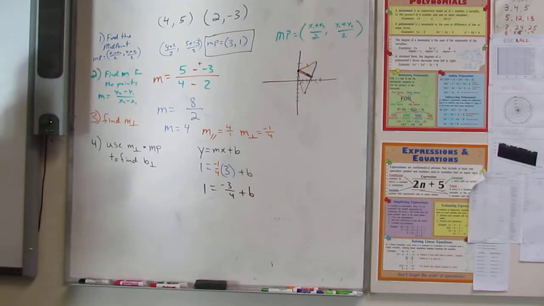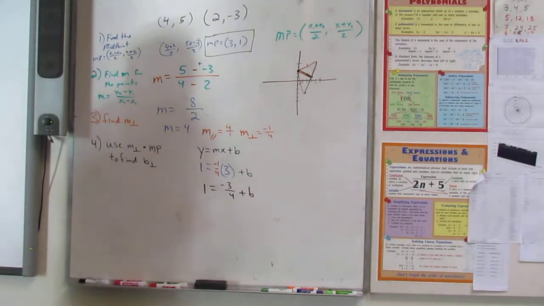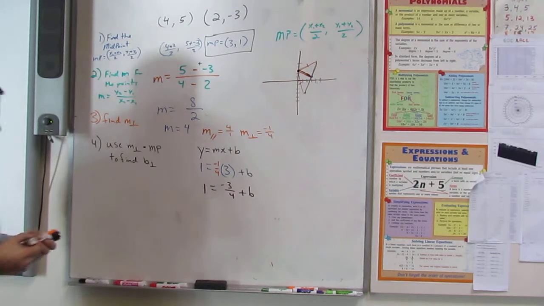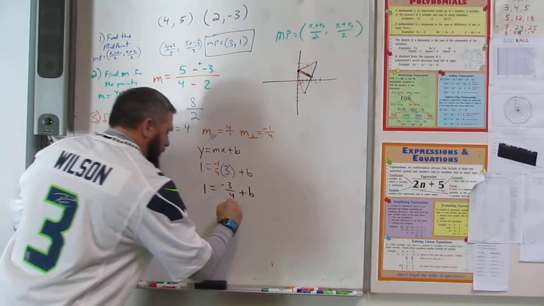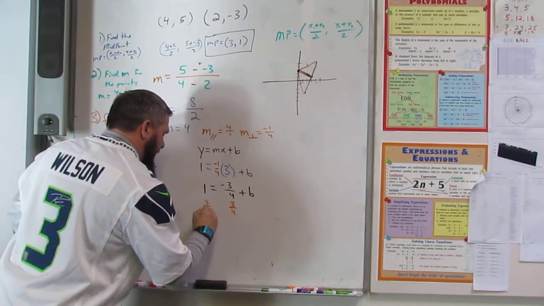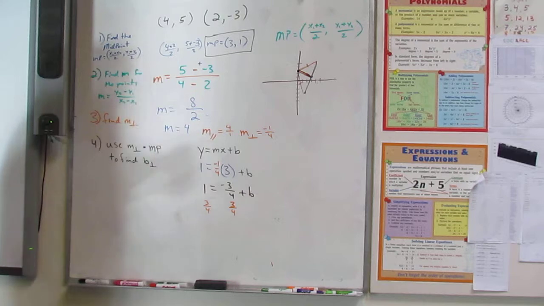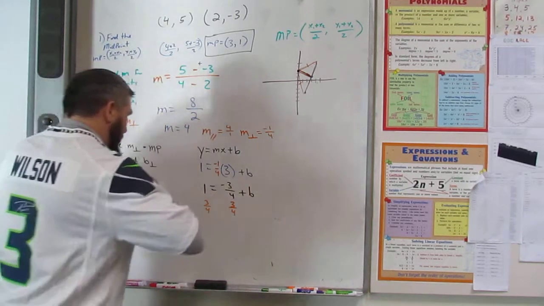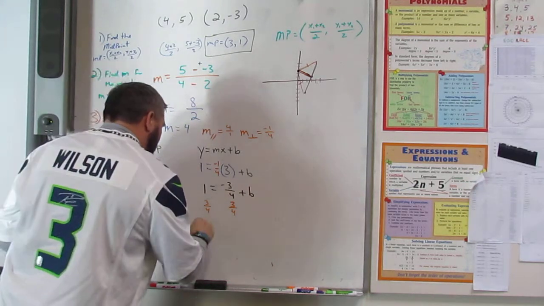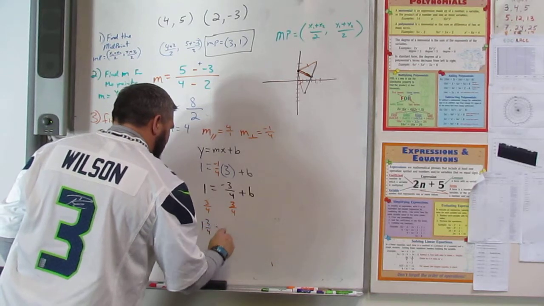Right? Negative 1 over 4 times 3, plus b. Oh, that's why. And then I add 3/4 to both sides. Right? So 1 and 3/4 is equal to b.